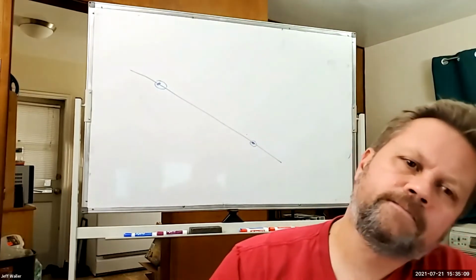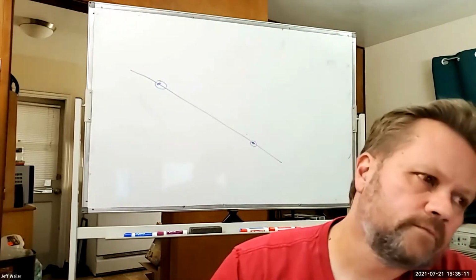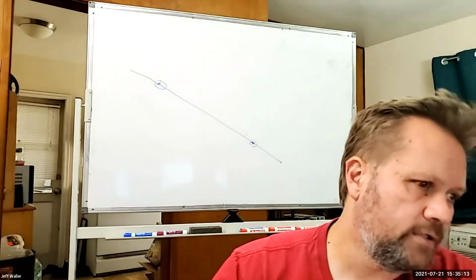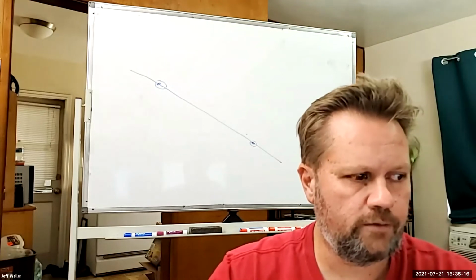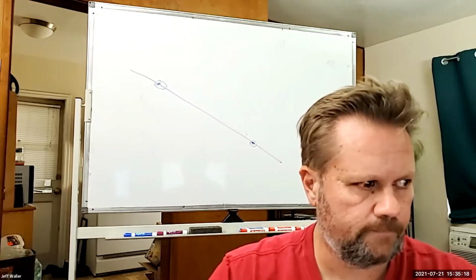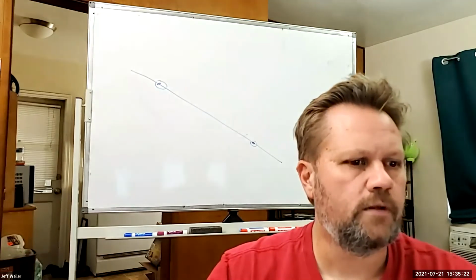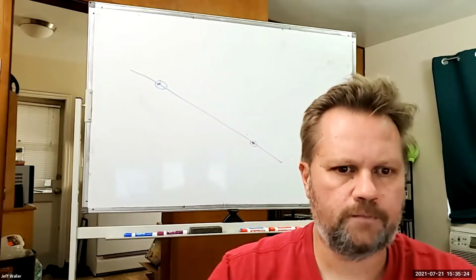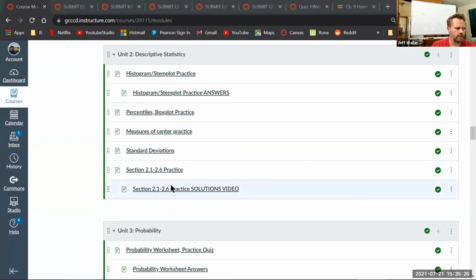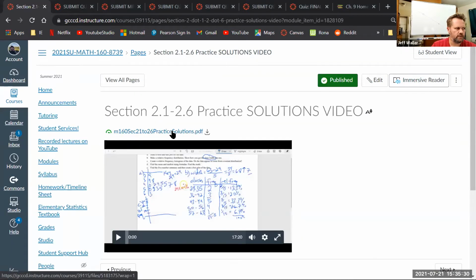Sorry, where do we find that? So there's a solutions video for the 2-1 through 2-6 practice sheet, right? Yes. Let me show you. If you click on the solutions video, right above the solutions video is this.